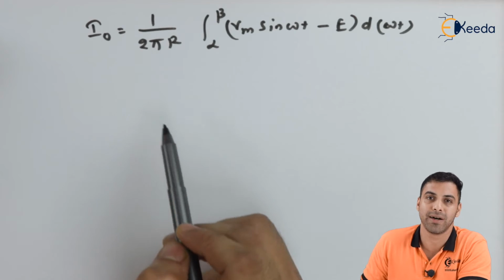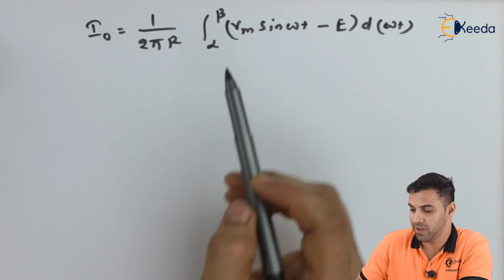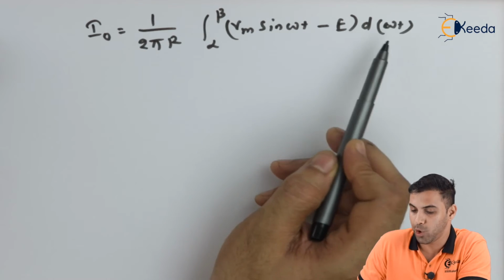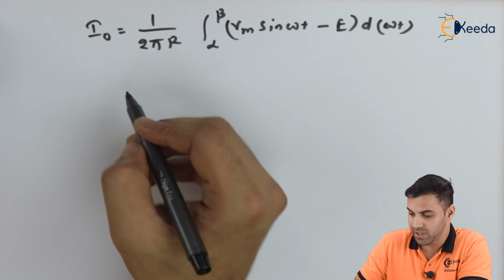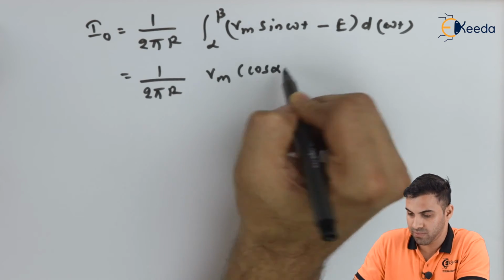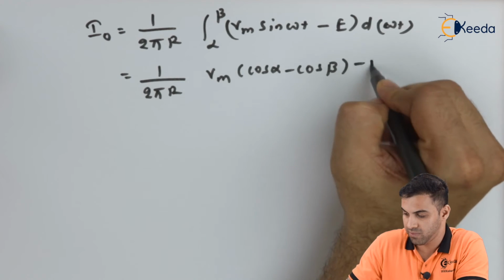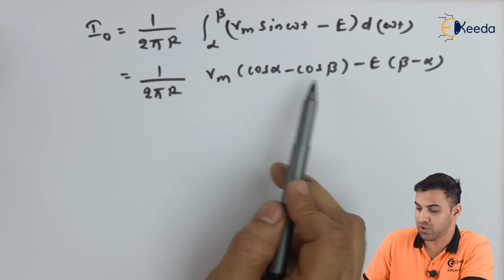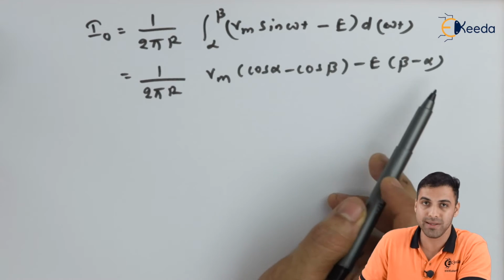I am simply dividing the output voltage by the resistance. Integration from alpha to beta of Vm sine omega t minus E d omega t. Now friends, if we solve this, we get 1 by 2 pi R into Vm cos alpha minus cos beta minus E into beta minus alpha.